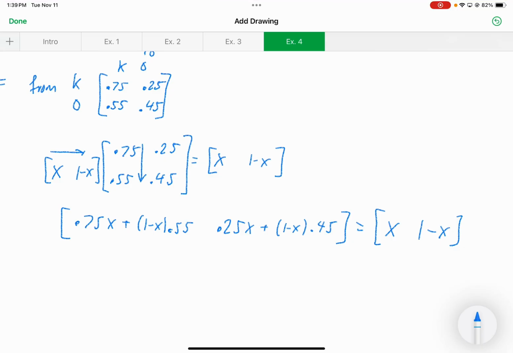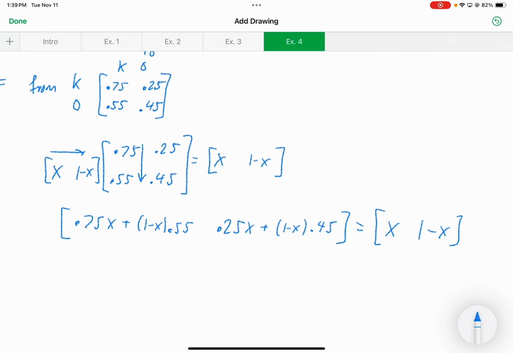We've done some problems before where we set matrices with unknowns inside of them equal to each other. I just need to solve each one of these individually. Now, do I need to solve them both? I really just need to solve one, right?